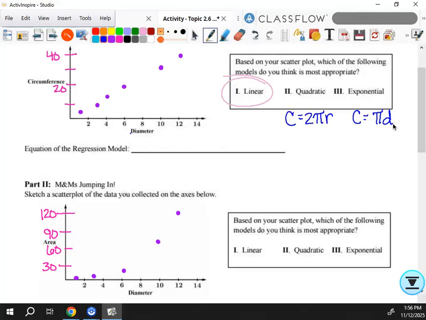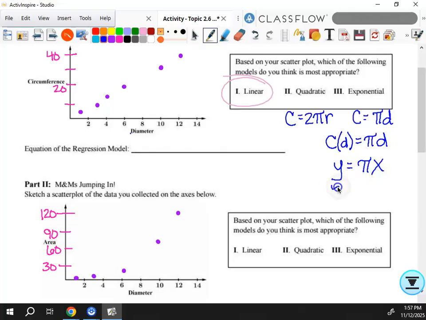But if I want to talk about the circumference as a function, because we found diameter, right? The circumference as a function of the diameter, I can write it like this. Okay? That's circumference as a function of the diameter. That is my function notation, right? So that is a function there. I could rewrite this in terms of x and y as y equals pi times x.